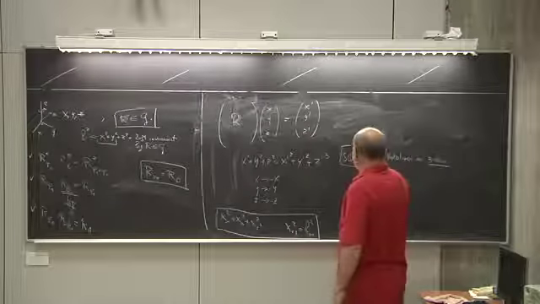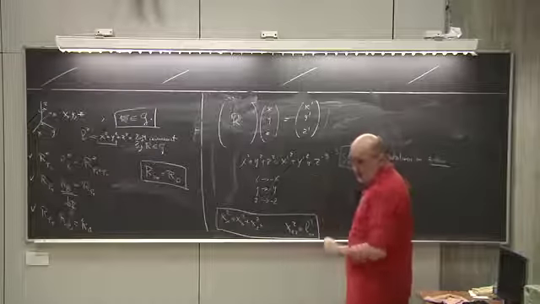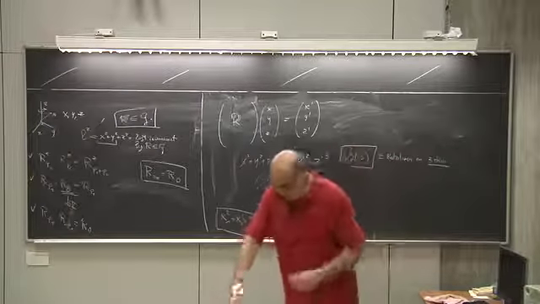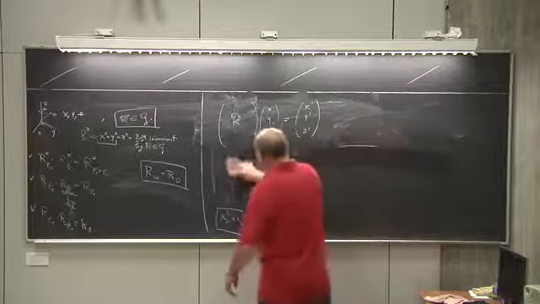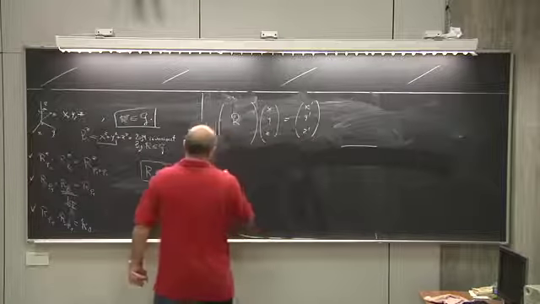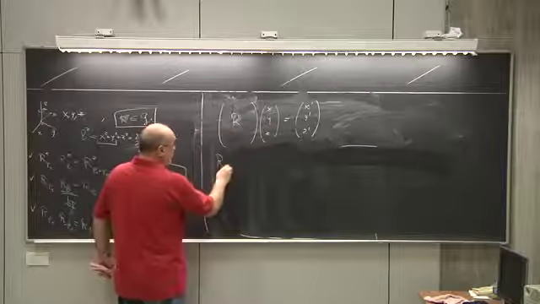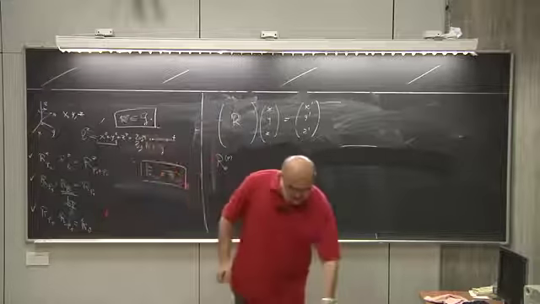Okay, good. Now let's see how these transformations look. For example, let's take a rotation along Z of an angle phi, and see what the transformation is.